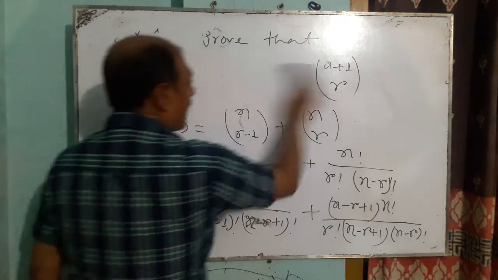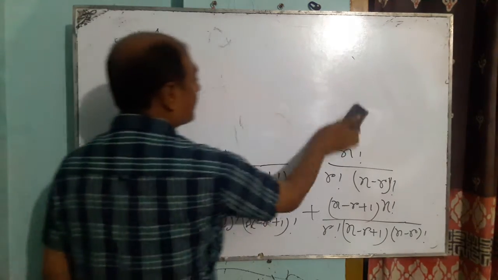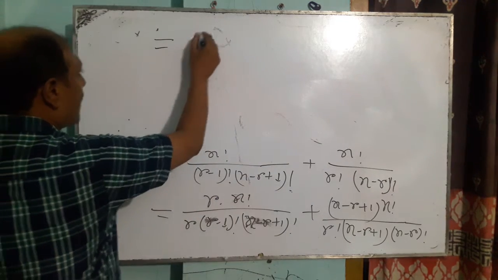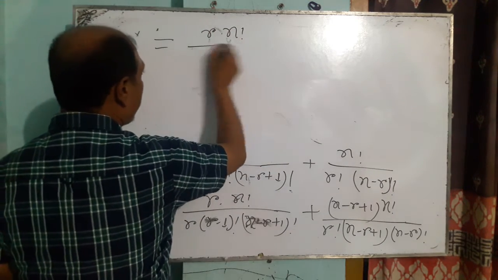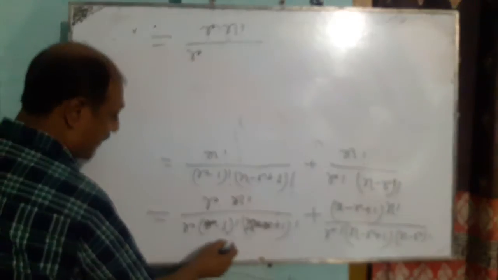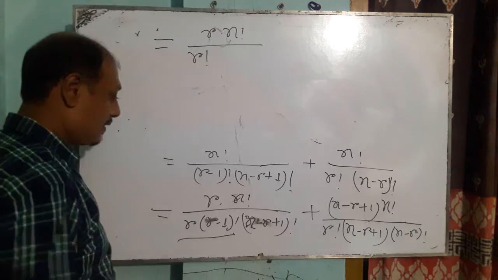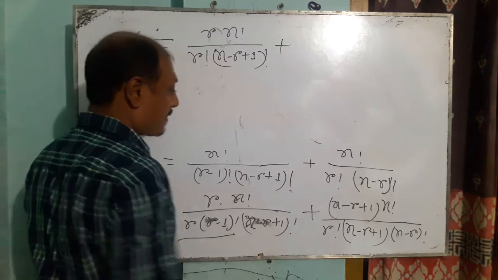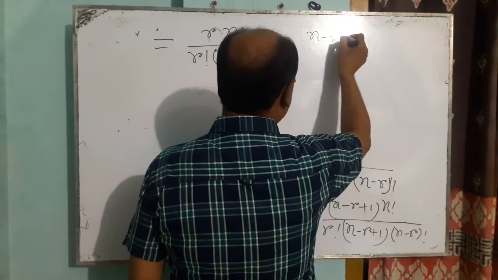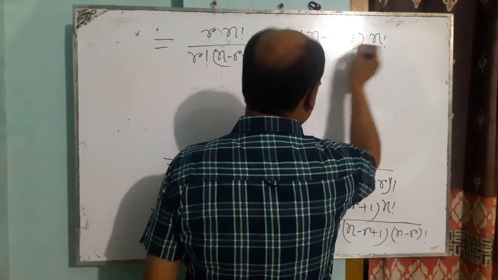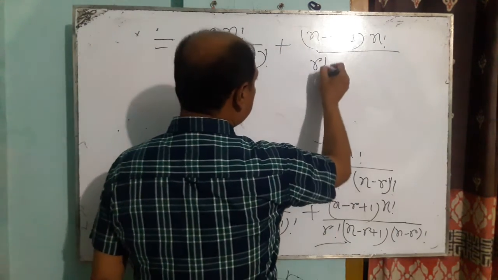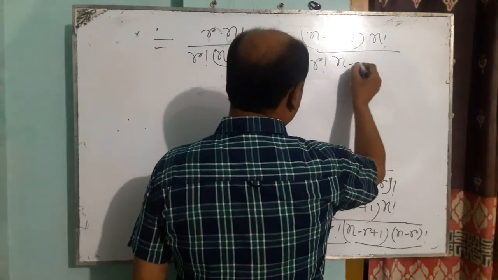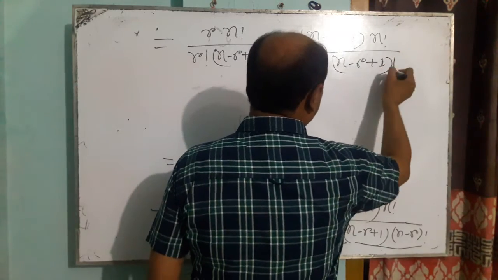Now we can write r into n factorial by r factorial n minus r plus 1 factorial plus n minus r plus 1 into n factorial by r factorial n minus r plus 1 factorial.